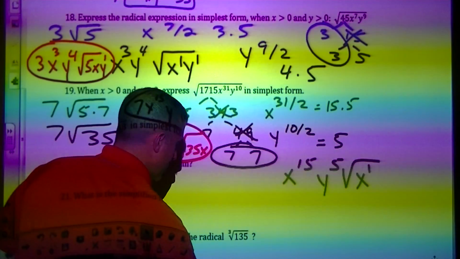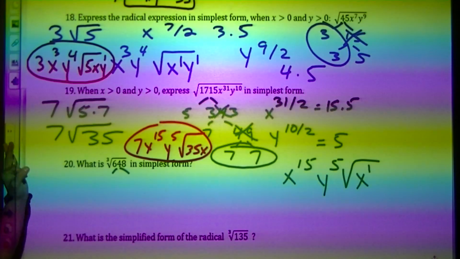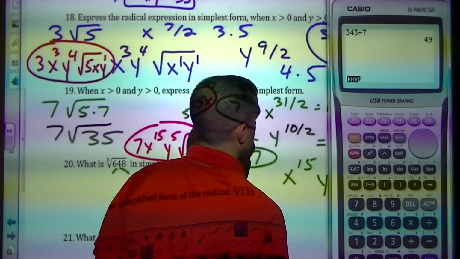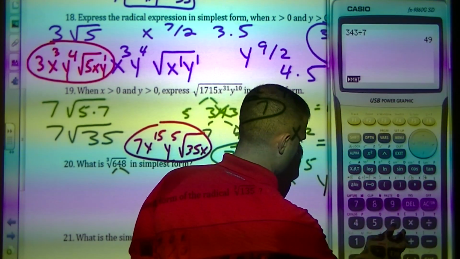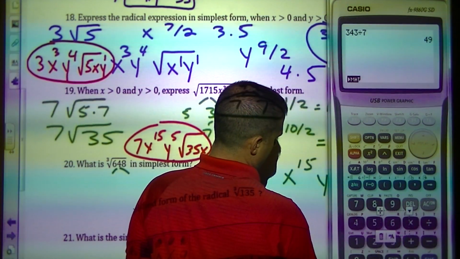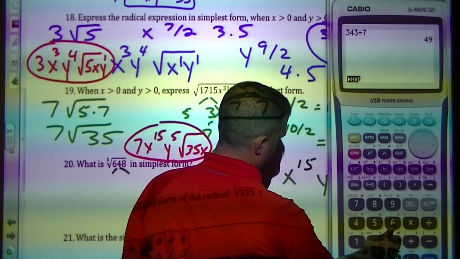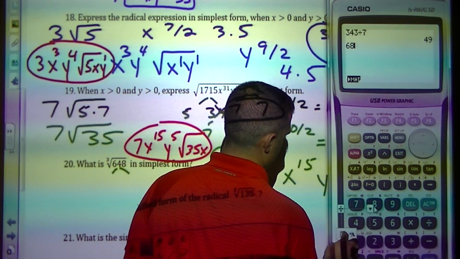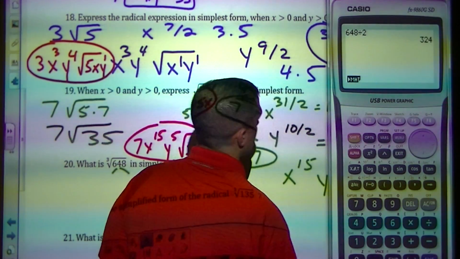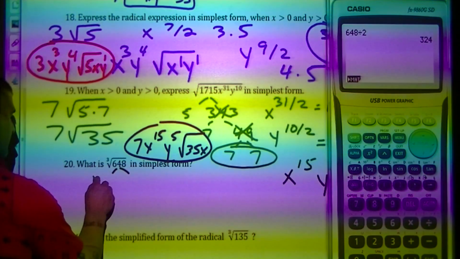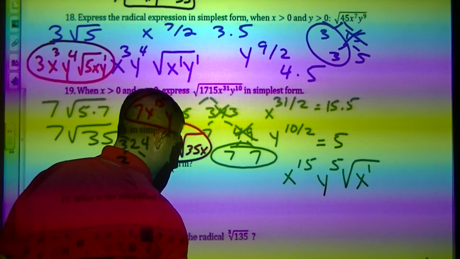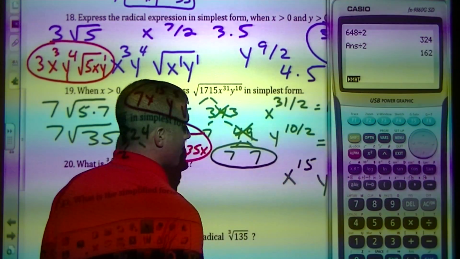Simplest form. Now, the difference between this one and the other one is this is a cube root, so I'm looking for groups of 3. So 648 divided by 2 would be 324. Divided by 2 again would be 162.